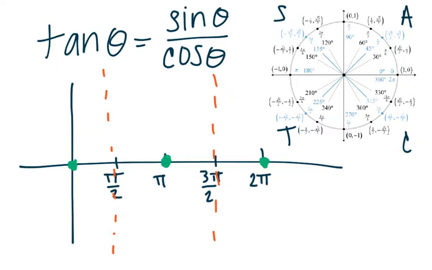This is the only one of these three that's positive. So here all three are positive, here only sine is positive, here only tangent is positive, and here only cosine is positive. The others are negative in those quadrants.